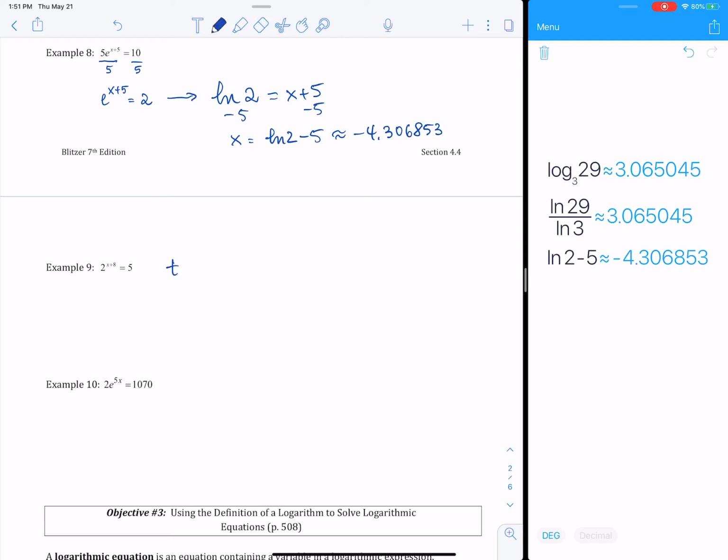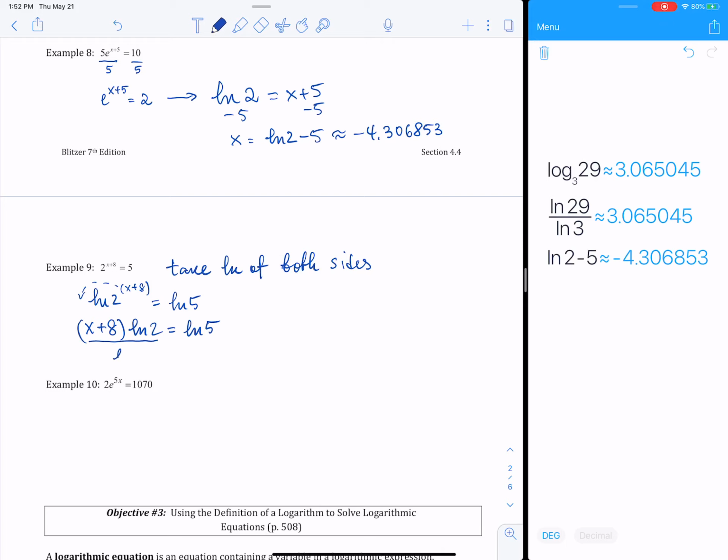We're going to take ln of both sides, so ln of 2 to the power x plus 8 is equal to ln of 5. Move the exponent in multiplication: x plus 8 times ln of 2 is equal to ln of 5.